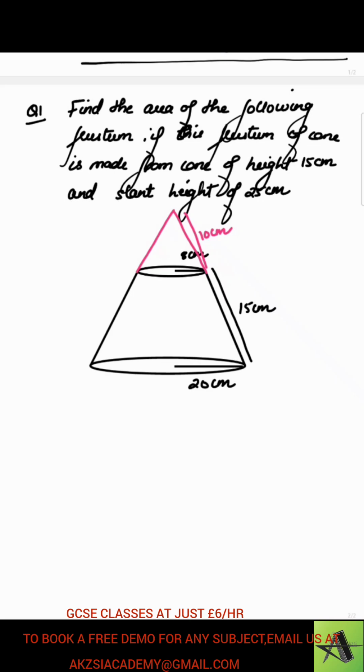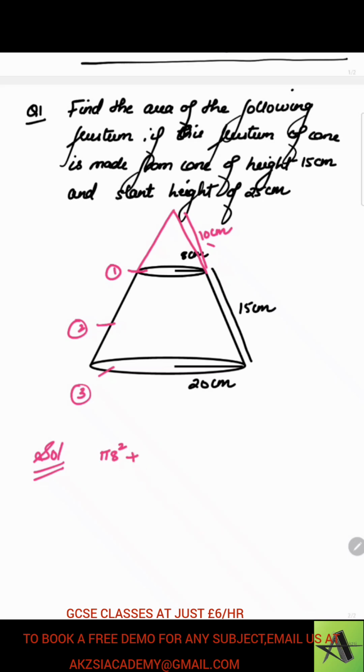Why? Because for this frustum, we have three surface areas. This one would be the 1, 2, and 3. Surface area of all together, we have to basically add. So area of the first one is pi r squared, which is pi 8 squared.